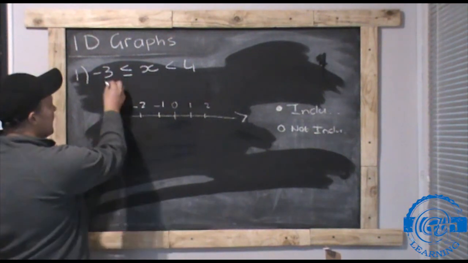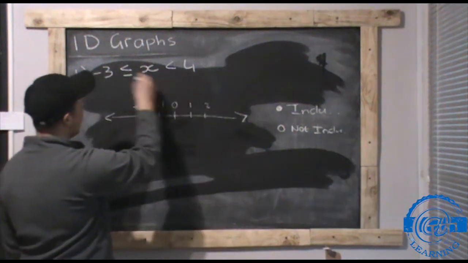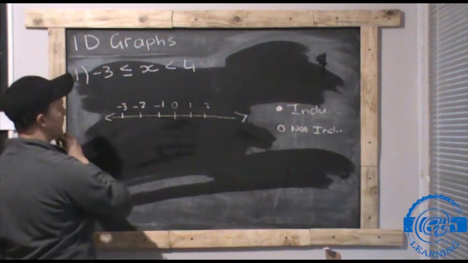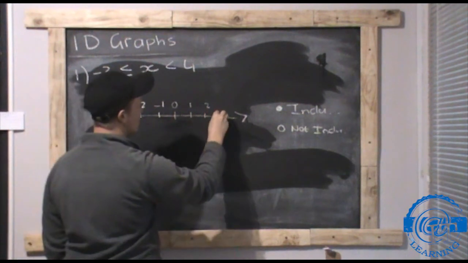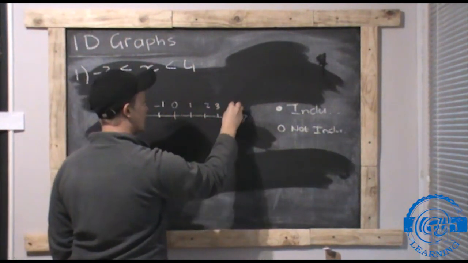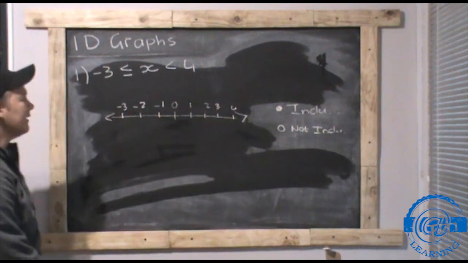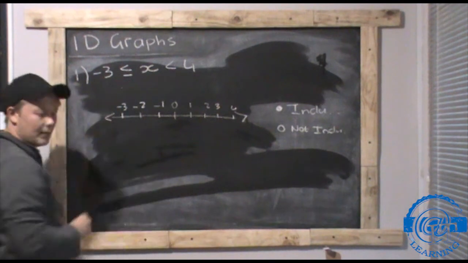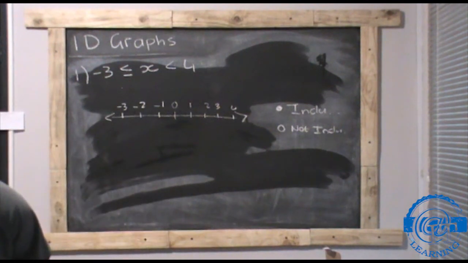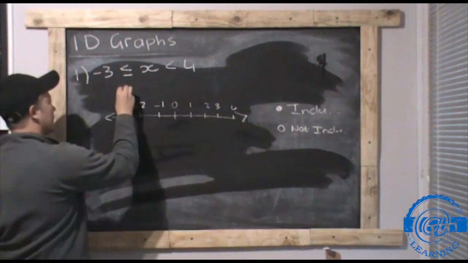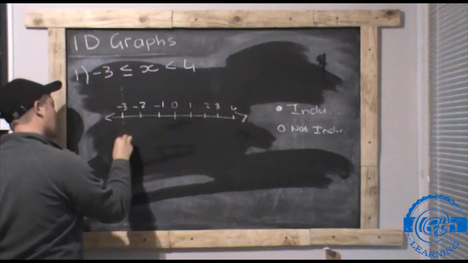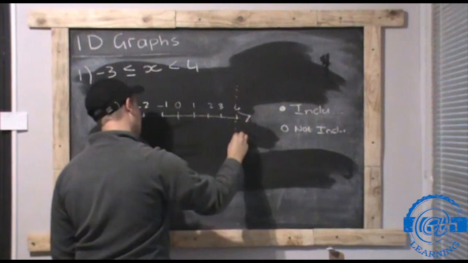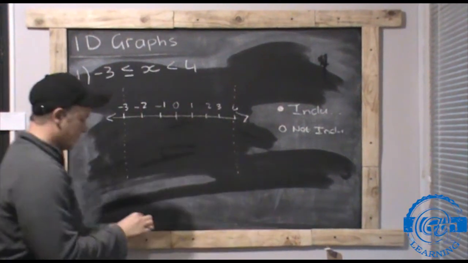So the minimum value here is minus 3, and the maximum is 4. I normally say take the minus 3, let me use another color, and bring down a vertical dotted line, and for 4, bring down a vertical dotted line.